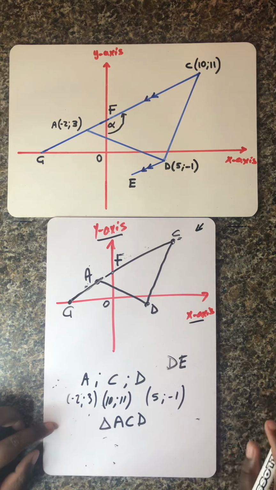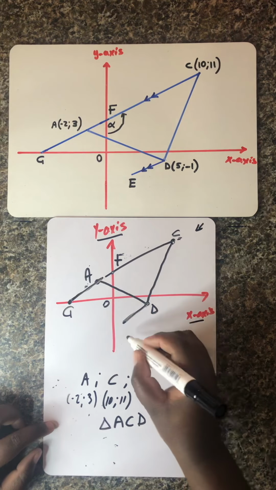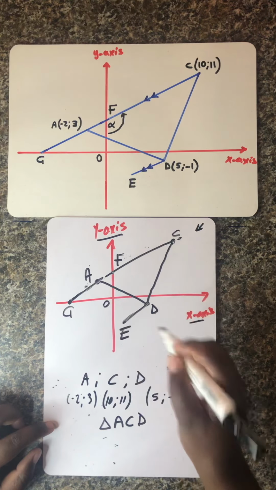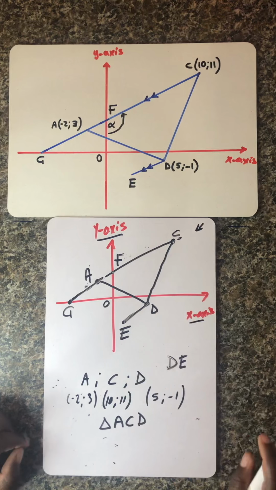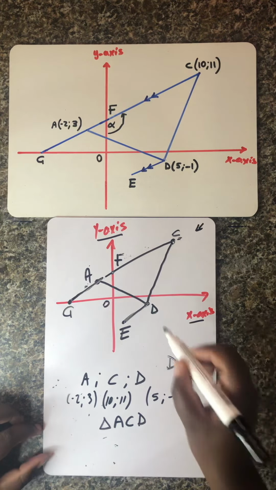Remember guys, I'm just drawing this by hand. The line might not be straight. As you can see, I'm trying by all means to make them straight. So even though it doesn't look straight, just know it's a straight line. So we've got straight line DE.